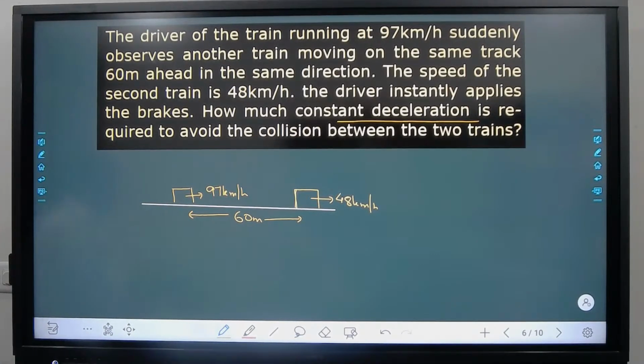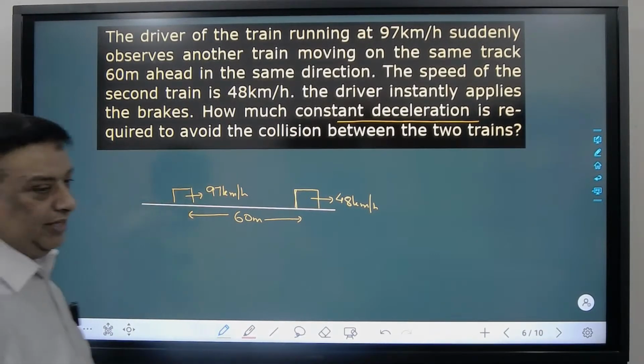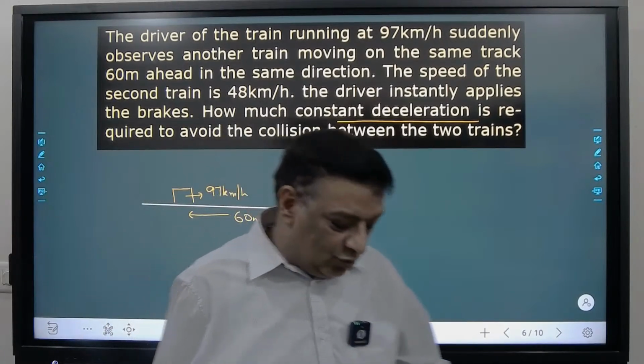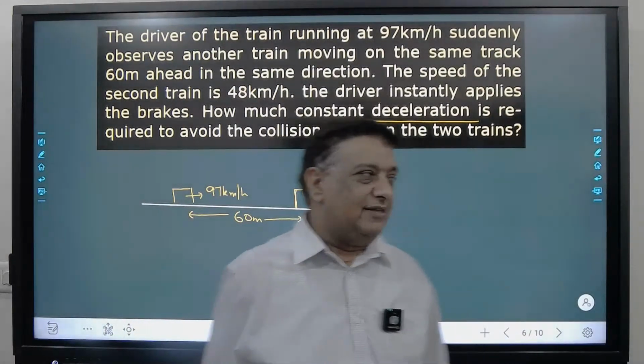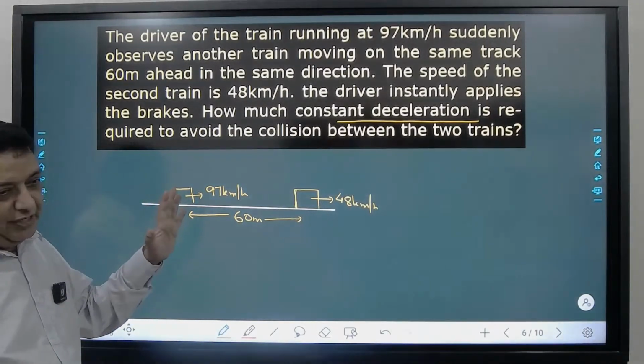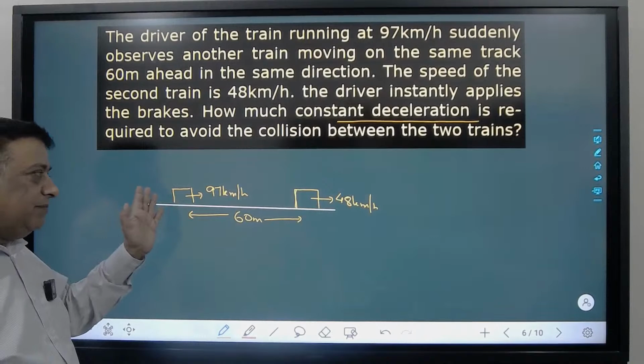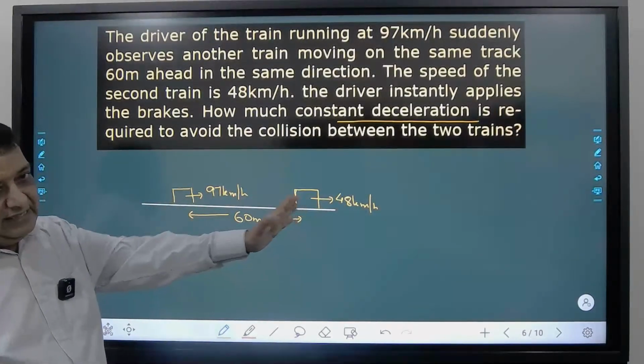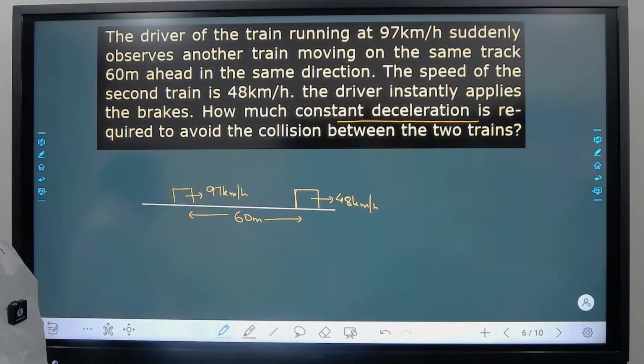So it's a relative concept. If two bodies are moving in the same direction, then the relative velocity is the difference of the two. If the faster moving train decreases its speed from 97 to 48, they will not collide.